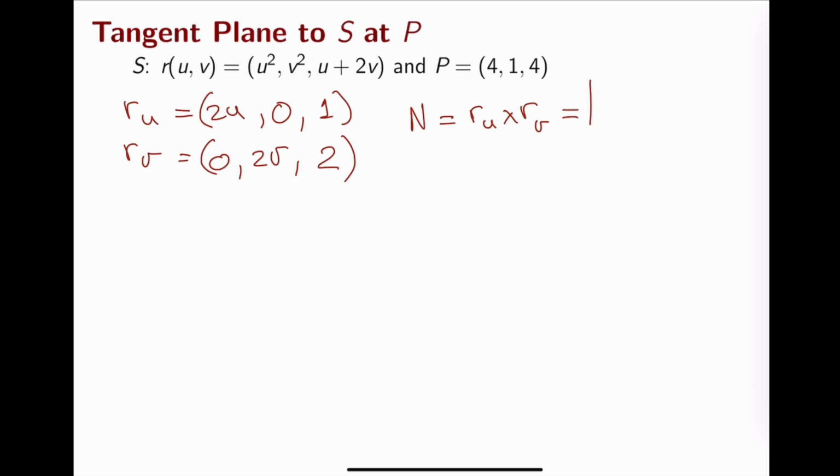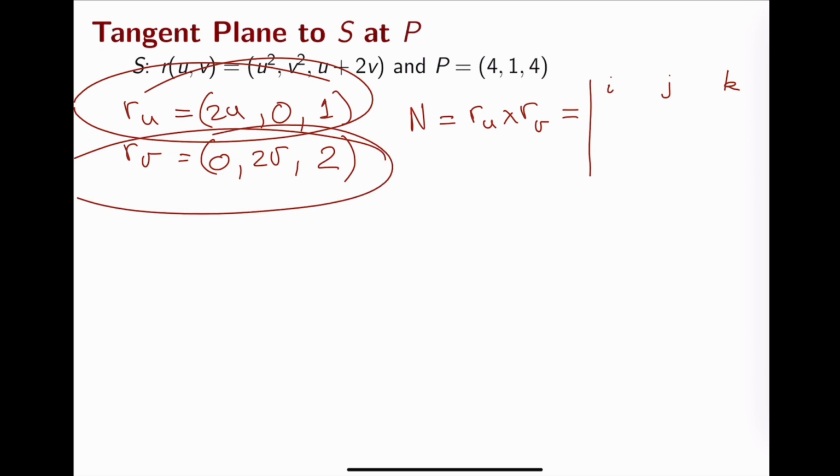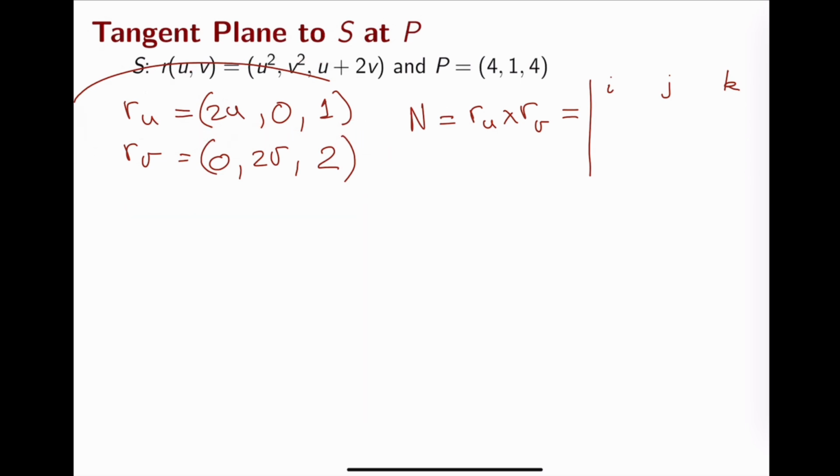As you know, this is the determinant where we put in the first row i, j, k, and in the second row each of the vectors that we are doing the cross product. So in this case, the vectors are (2u, 0, 1) and (0, 2v, 2). So this determinant will give us the normal vector.